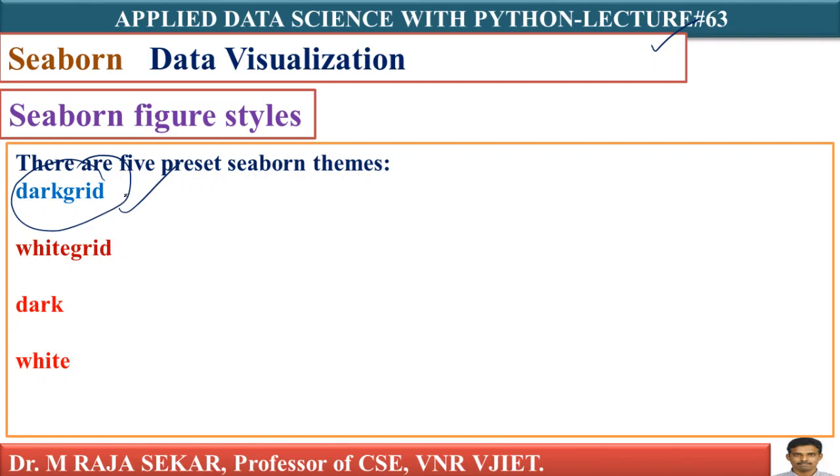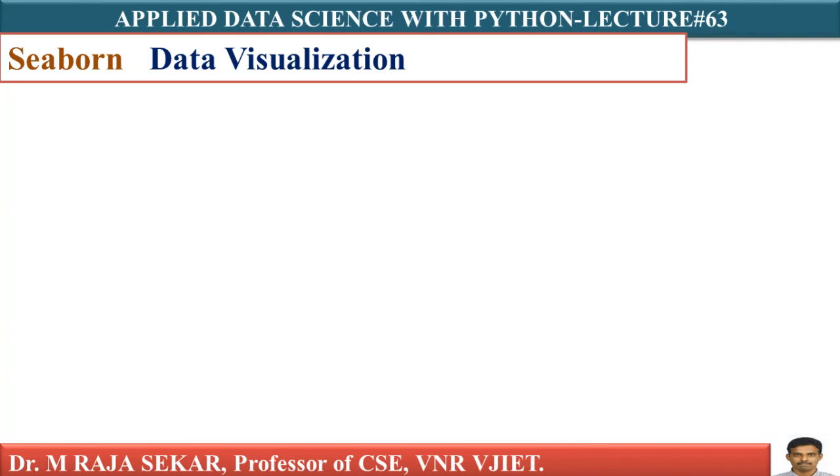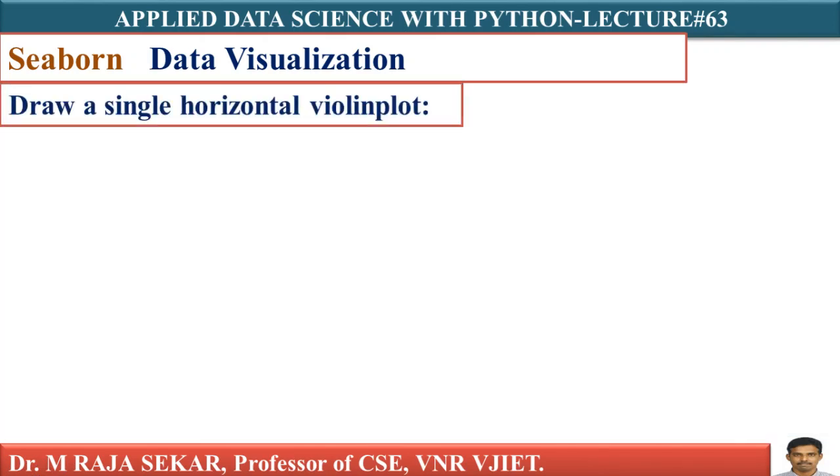The grid helps the plot serve as a lookup table for quantitative information. I already discussed these grids in my previous lectures. The white grid theme is better suited to plots with heavy data elements.